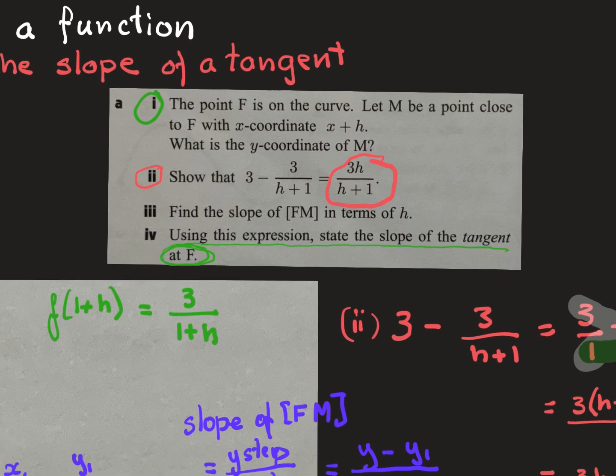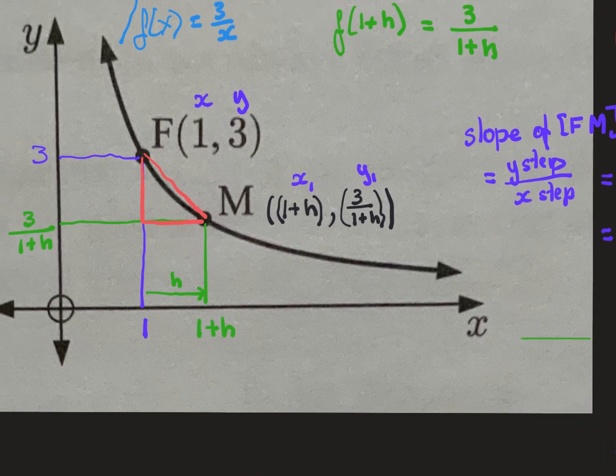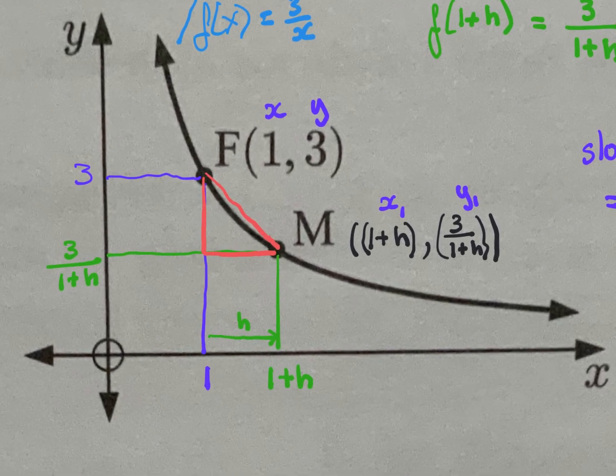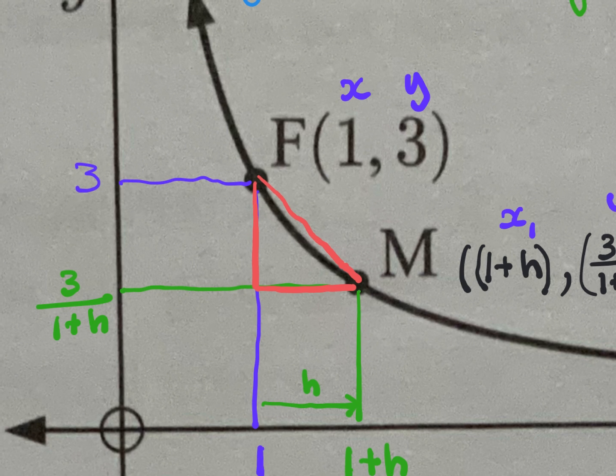So if we go back down to our graph and have a look at f, what you're seeing is the slope of f to m.